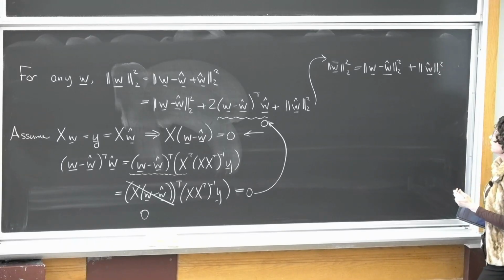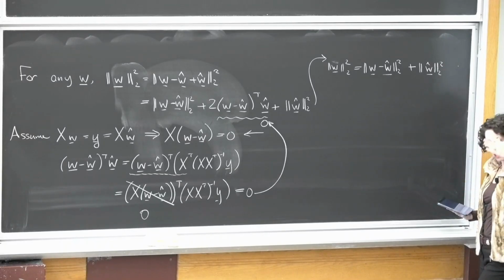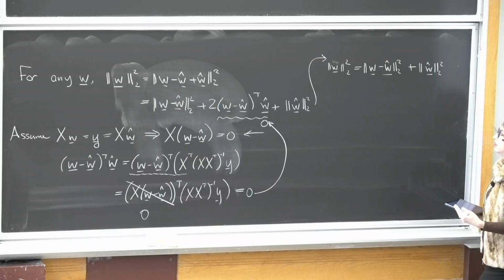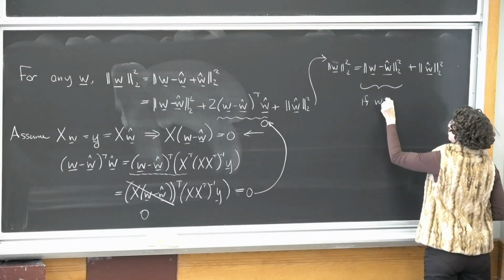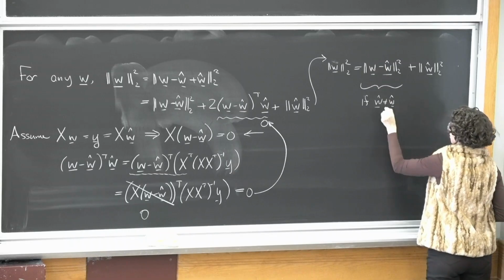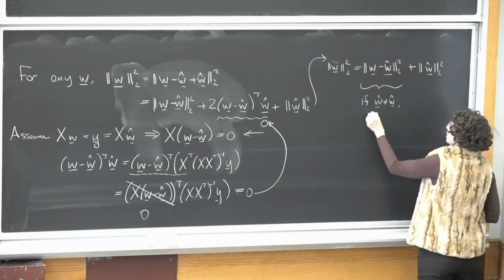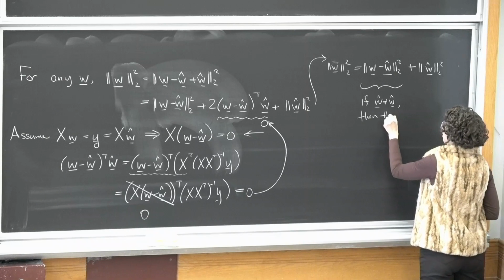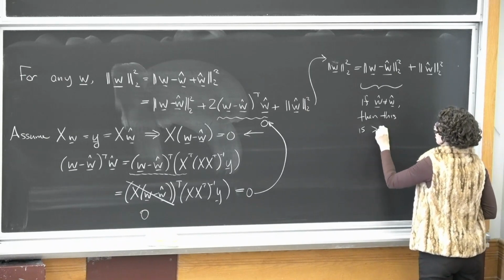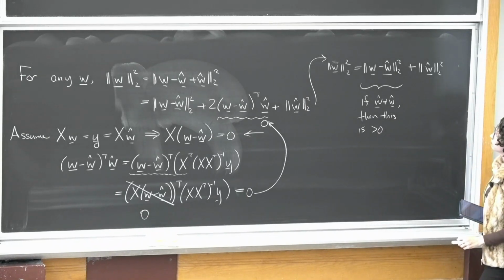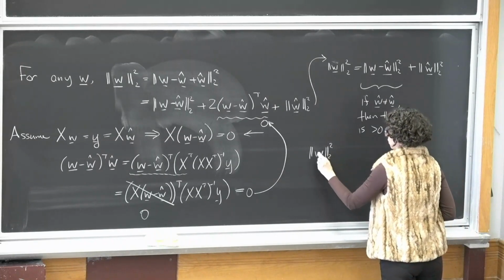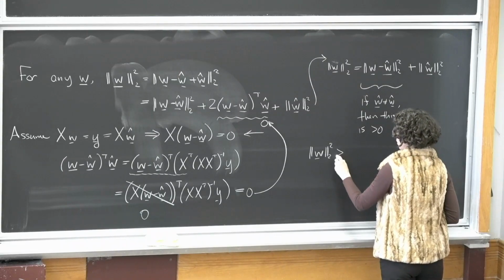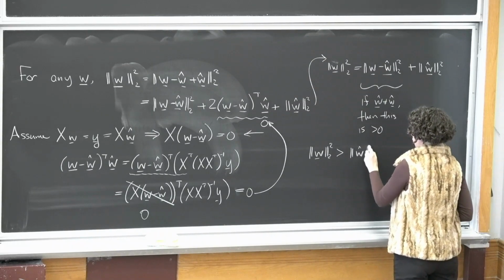So when I look at this, I know that all norms correspond to lengths of vectors, so they have to be non-negative. So if w and w hat are different, if they're not equal to one another, then this norm is greater than 0. And so this tells us that the norm of W has to be greater than the norm of W hat.